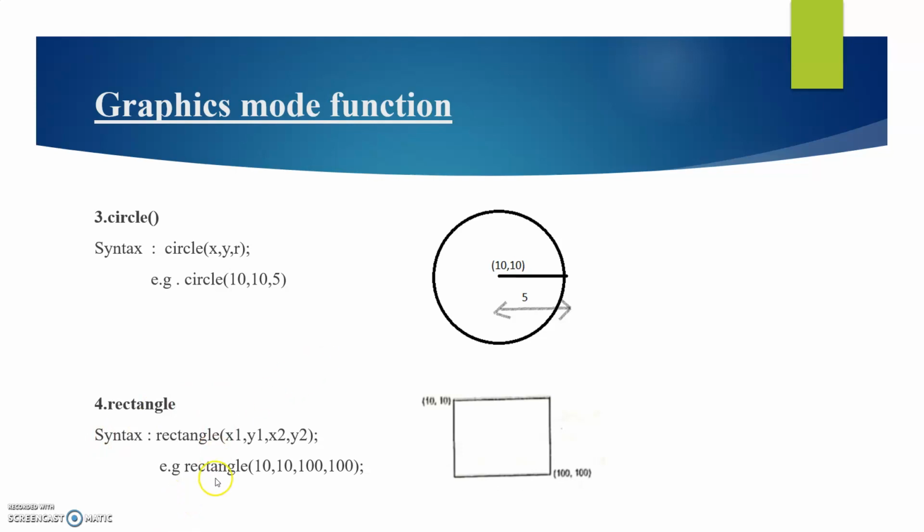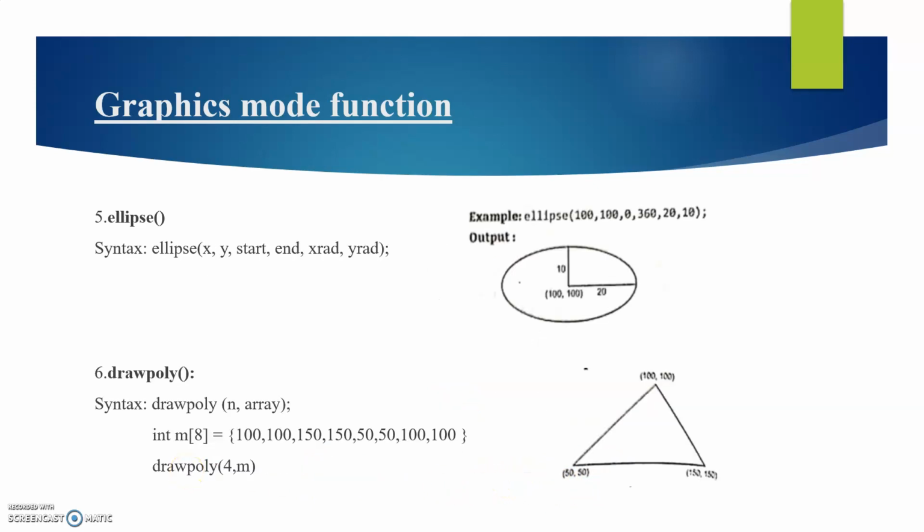For example, rectangle(10, 10, 100, 100): 10, 10 is this point, and 100, 100 is this point.